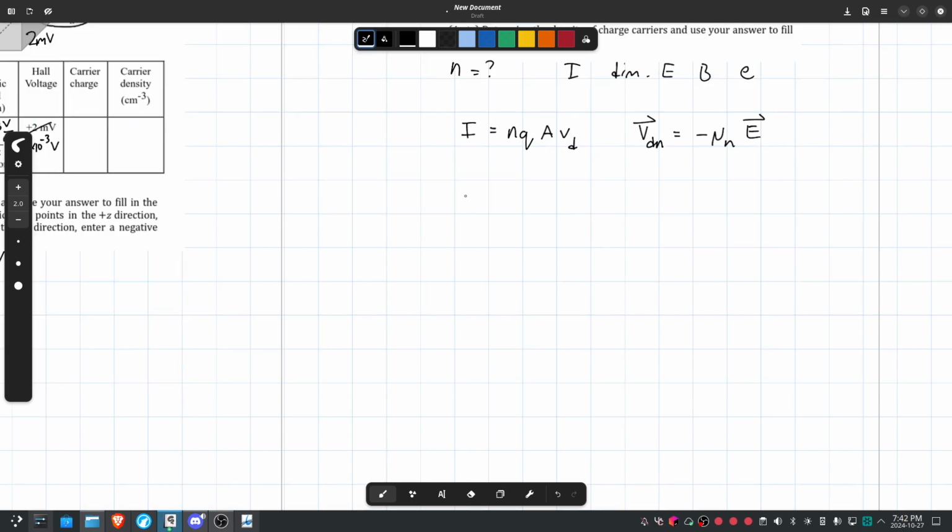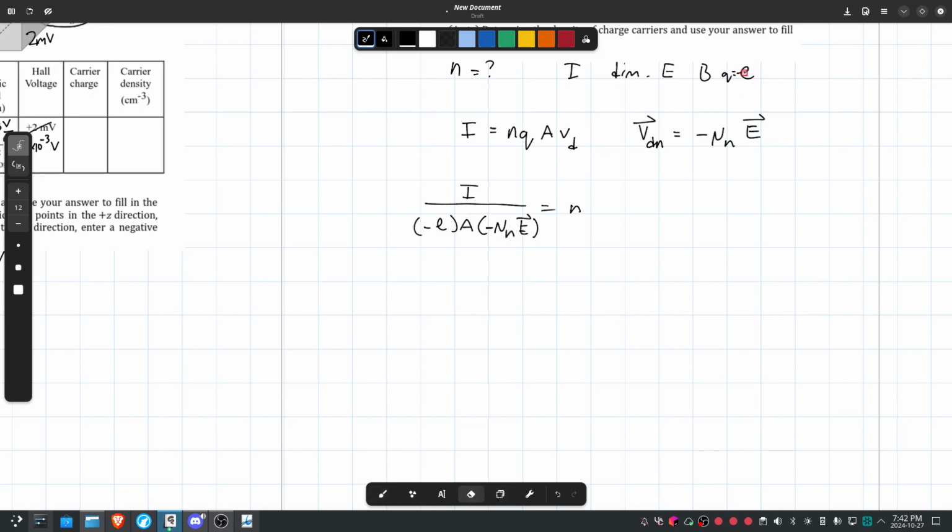So now we can rearrange to find n. So that's going to be I equals n q A negative mu n E. And we know that the charge here is going to be the negative fundamental charge because the carriers are negative. Q is equal to negative e.